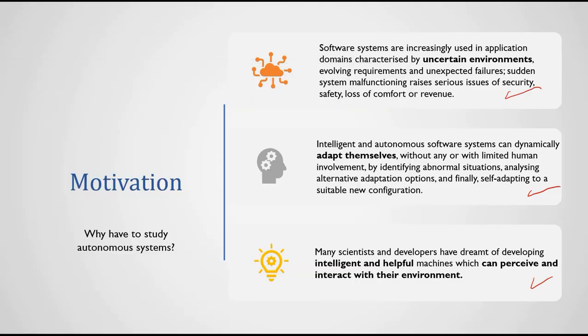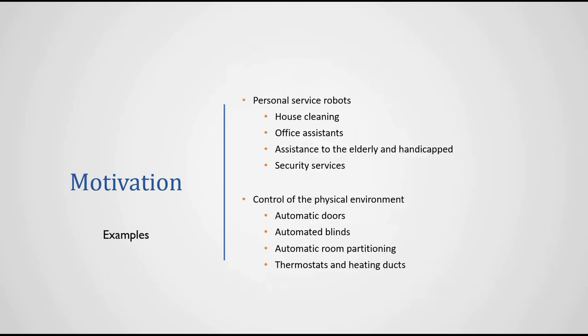So okay guys, this is why we go for autonomous systems. Here is also a motivation. Why? Because now in our environment and in our life, we use this kind of device. Just as an example, in personal service, you may find house cleaning.